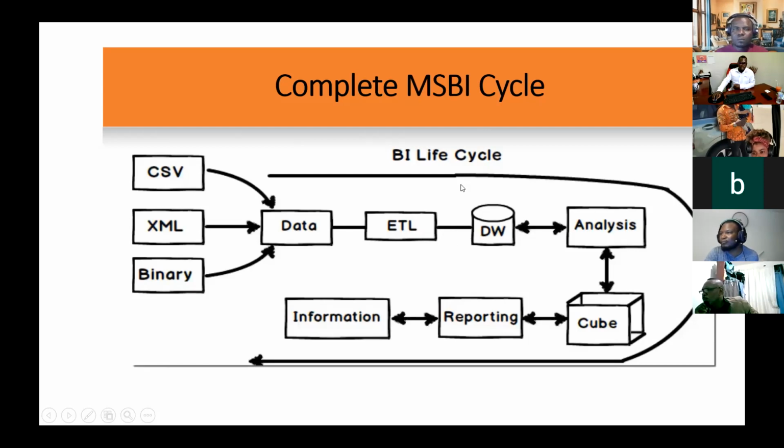You can load it into a SQL Server. You can load it into just any other relational database. And once it's loaded there, we can do some analysis on that data. When we're dealing with analysis, you start on things like cubes. And once you have analyzed data, what do you do with it? You report on the data that has been analyzed.